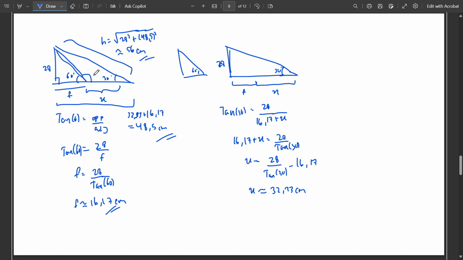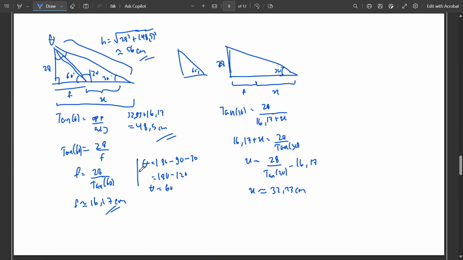It's 180 minus 60, 120. To find this angle here, well, 30, 90, and an angle, let's call it theta. So this angle theta is just 180 minus 90 minus 30. 180 minus 120, well, it's 60.